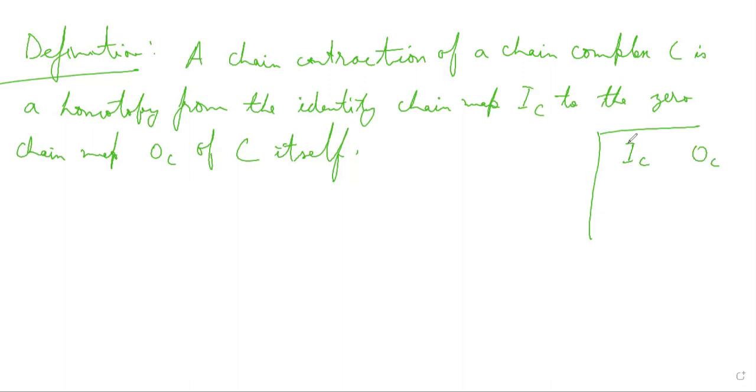So identity chain map means every element goes to itself, and zero chain map means every element goes to zero.